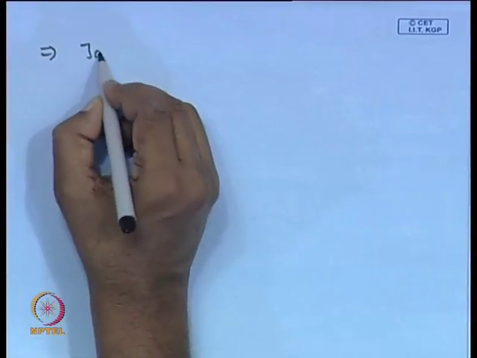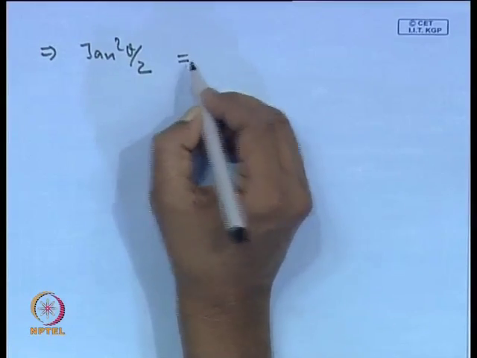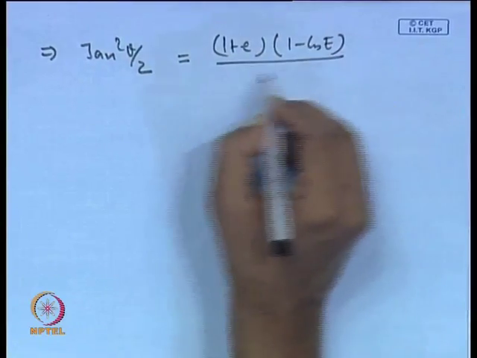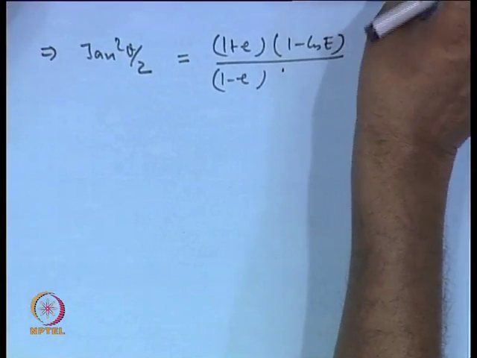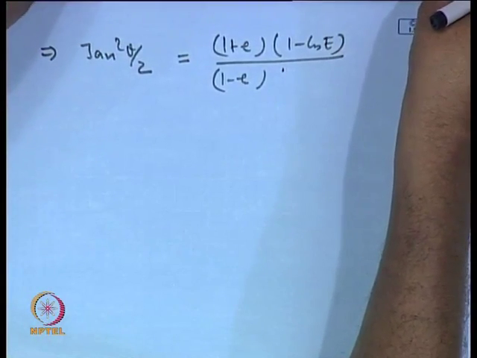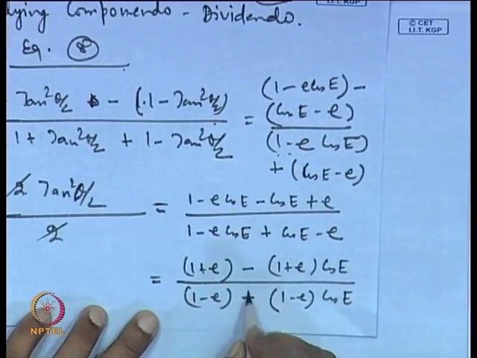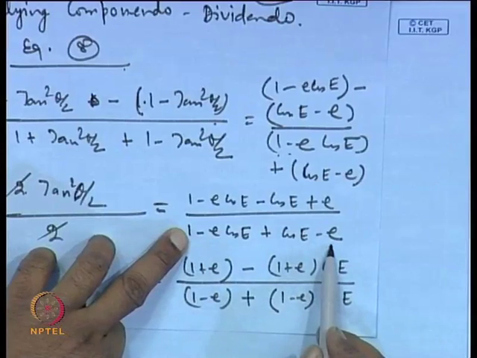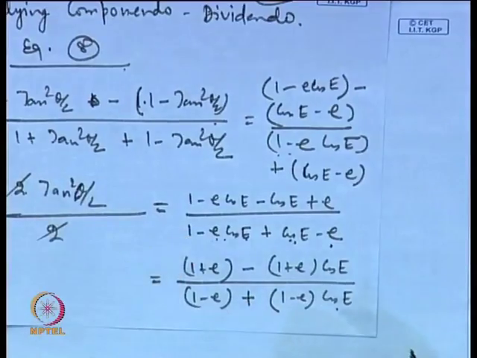So, this implies tan square theta by 2 will be equal to 1 plus e times 1 minus cos E divided by the mixed terms here. This will be 1 plus, 1 minus e, and cos E we are writing like this, so cos E minus e cos E. So, this term is plus here.